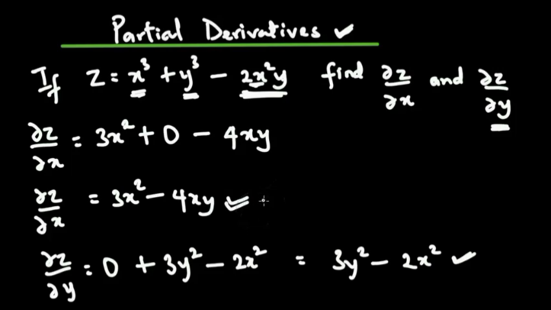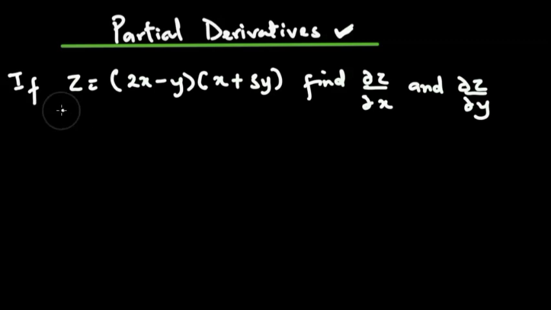Now let's go to product rule. Product rule for partial derivatives. Okay, we have that if z equals 2x minus y times x plus 3y, differentiate it partially with respect to x and with respect to y. So to differentiate z partially with respect to x, first and foremost, we have to remember our product rule formula. Let's take this as u, let's take this as v.